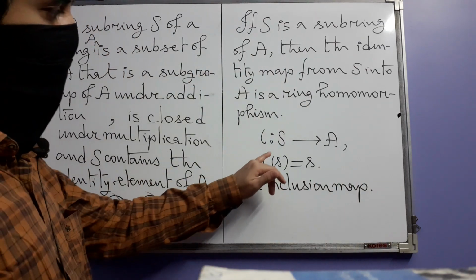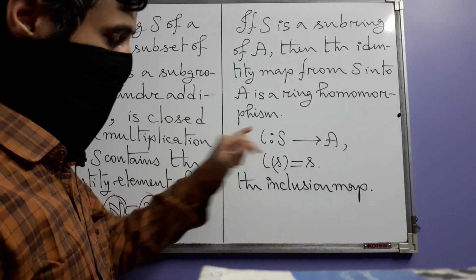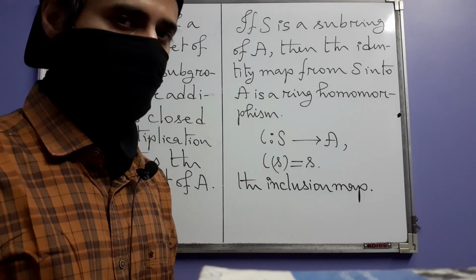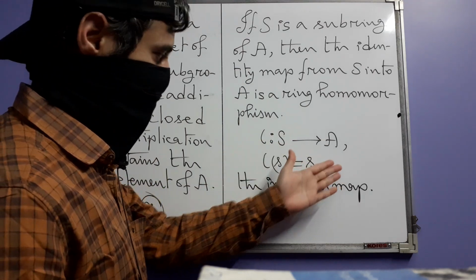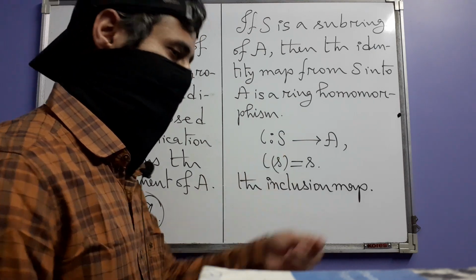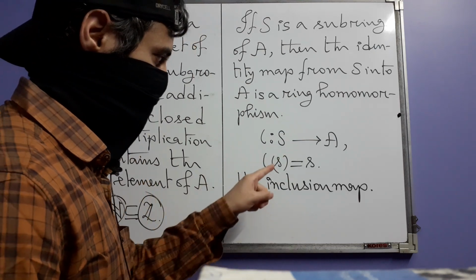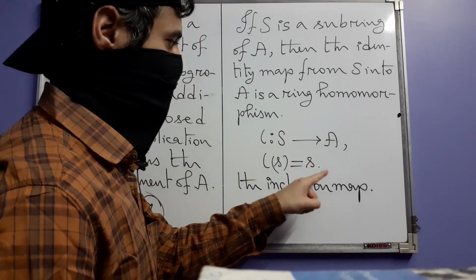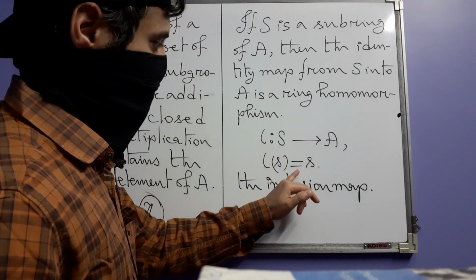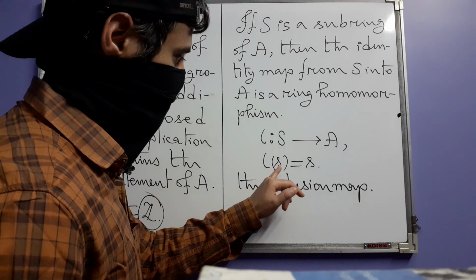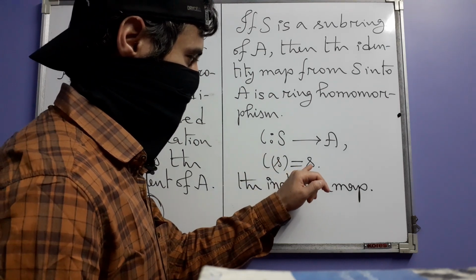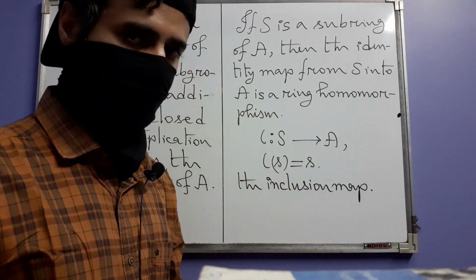It just, in a sense, includes the elements of S inside A. I mean, of course, already S is inside A, but this is emphasizing the fact again that the elements of S are inside A, or that S is a subset of A, by re-emphasizing that whenever it applies itself to any element of S, we get that element back.